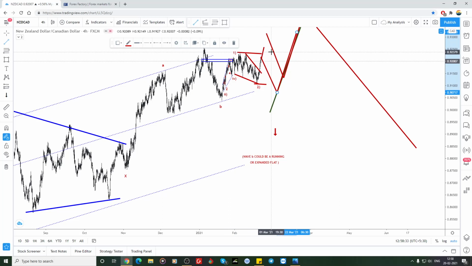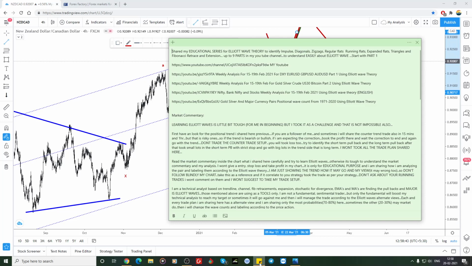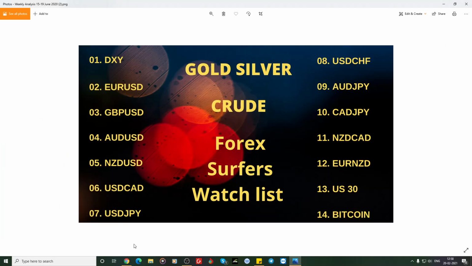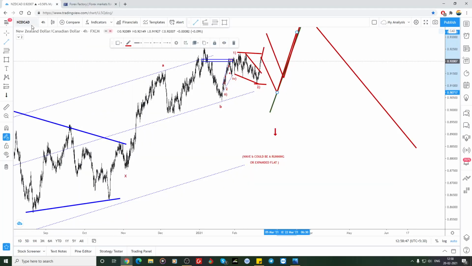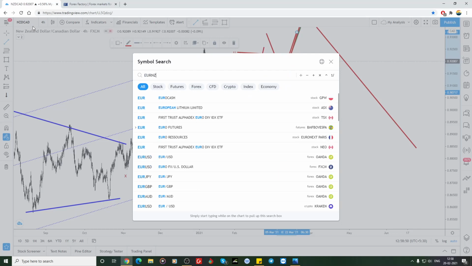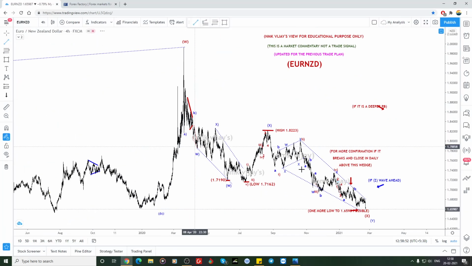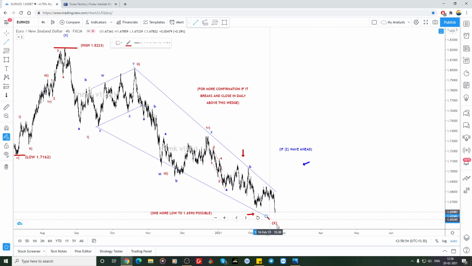If it breaks the high, make the stop loss of this, and then you can continue for that bullish trend. So that is my view. So let's see the Euro New Zealand. That is the same thing I expected. It will keep raining because it keeps going to the downside.